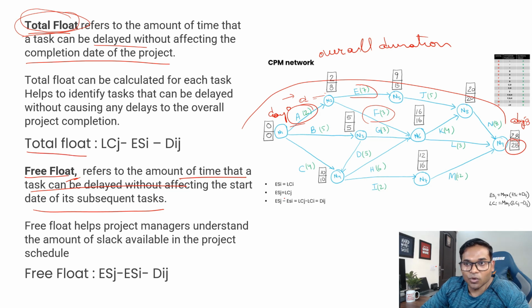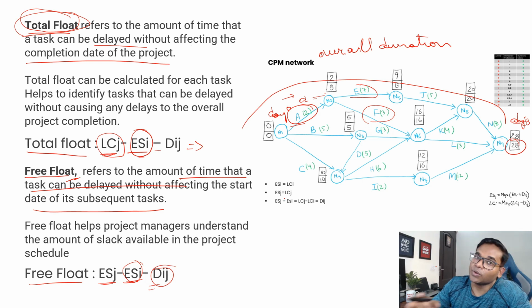Now the formula for total float: remember, we have calculated early start and late completion. So total float is the late completion of the next activity minus the early start of the previous activity minus the duration. And to calculate the free float, it is the early start of the current activity minus the early start of the previous activity minus the duration of that activity, right?